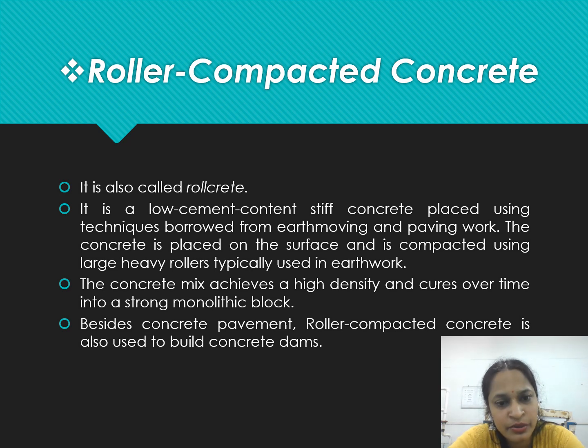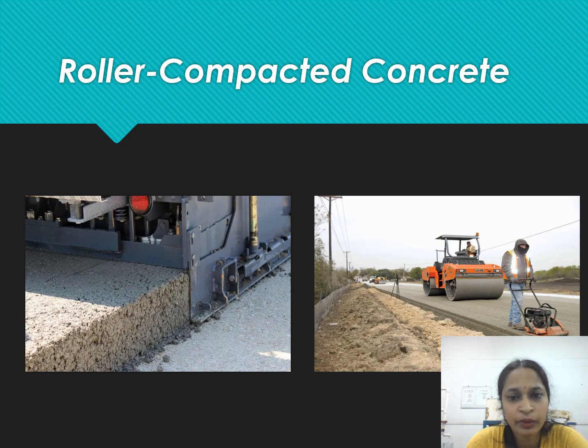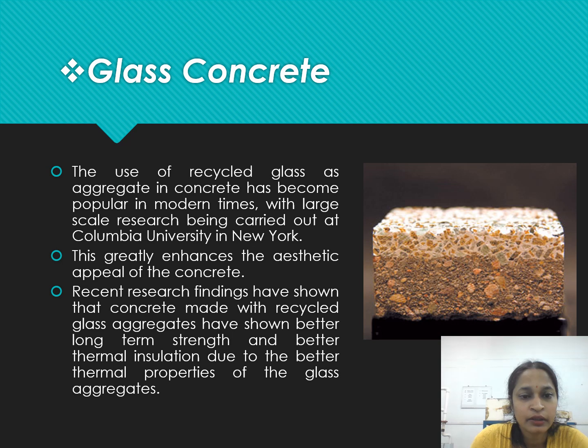So, using those, these concretes are actually made into a monolithic body, which can take a good amount of load. So, this is about the roller compacted concrete. You can see how it is actually done at the site. You can see how it is rolled. The concrete is rolled.